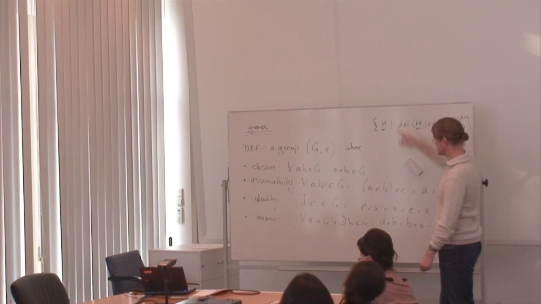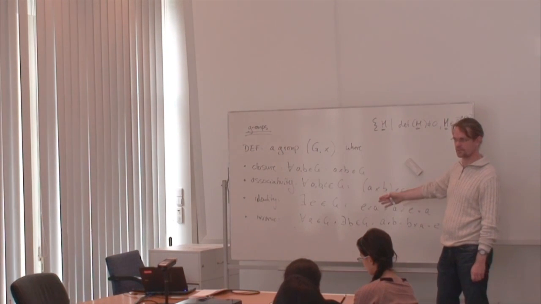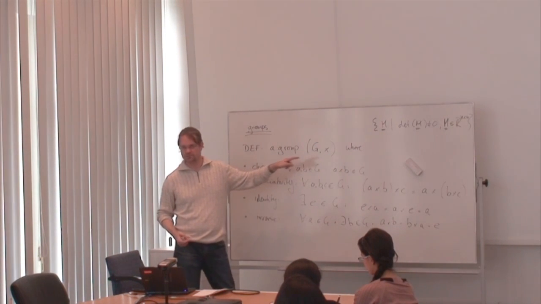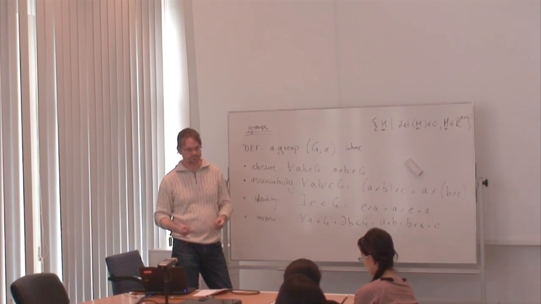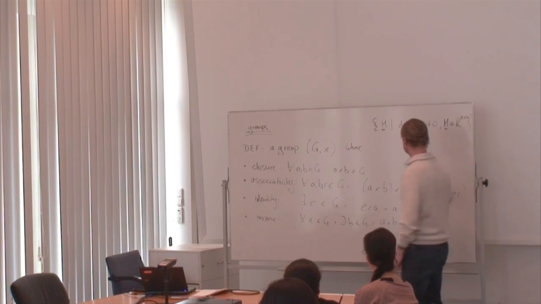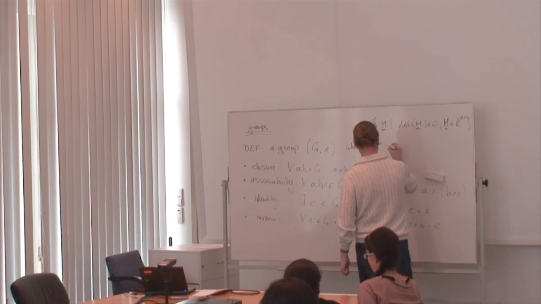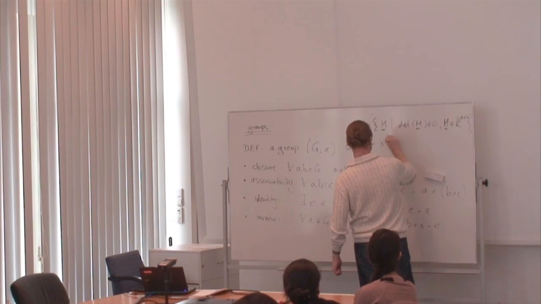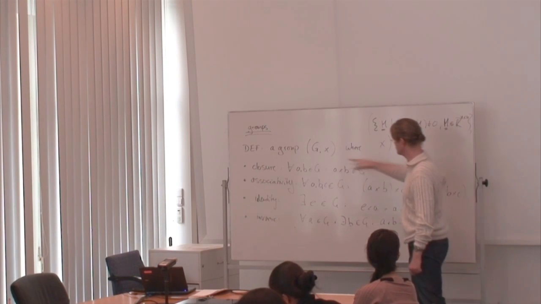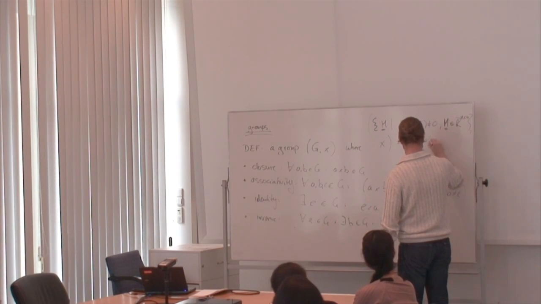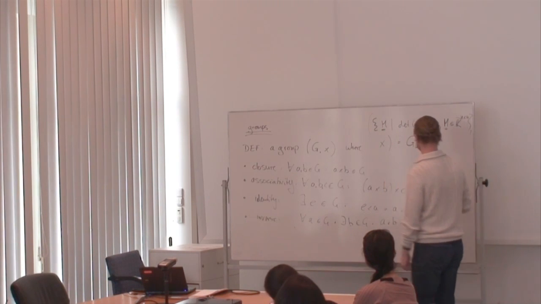And this set of matrices fulfills all these things. So we know that this set, together with the operation of matrix multiplication, forms a group. This tuple here is known as the general linear group of the n by n matrices defined over the reals.